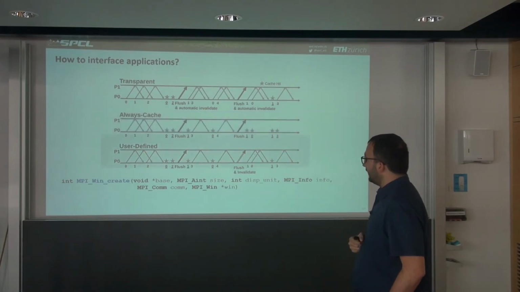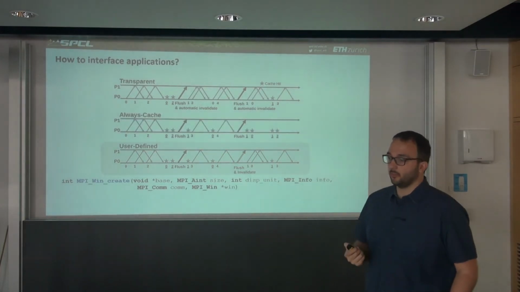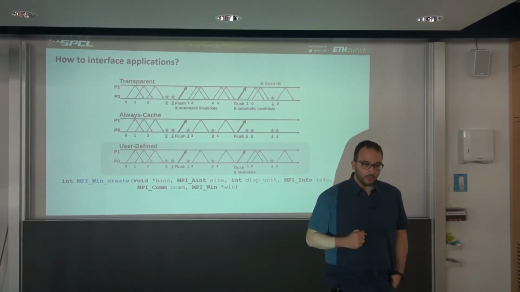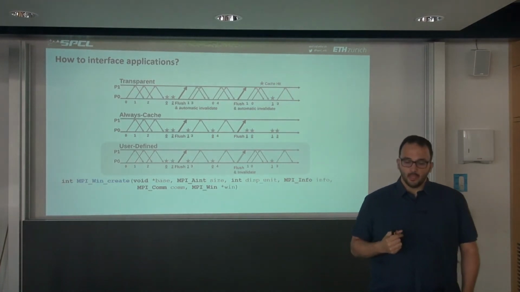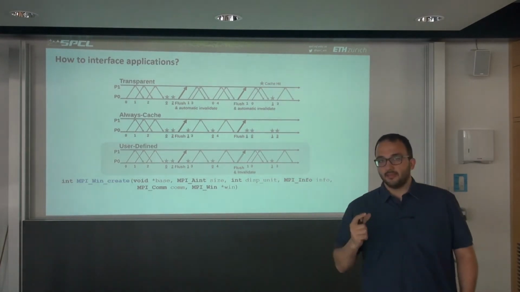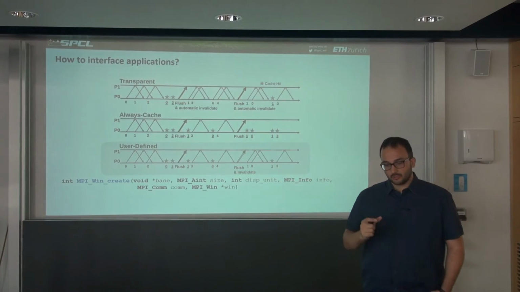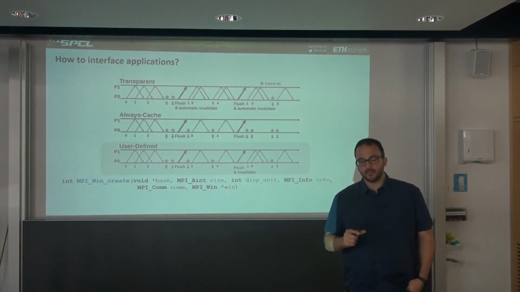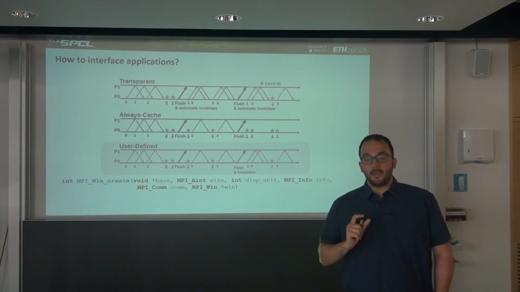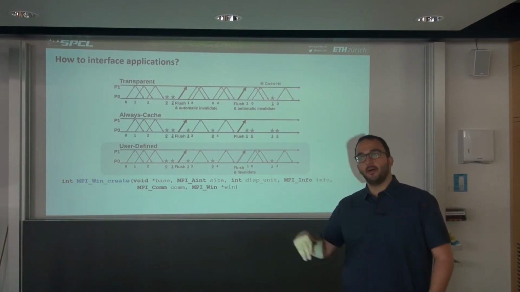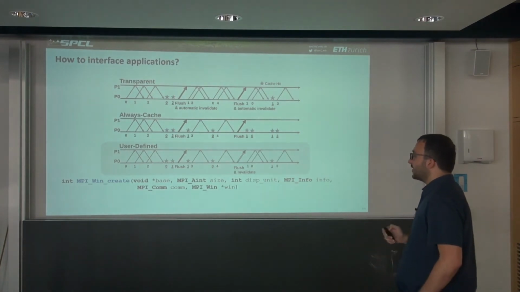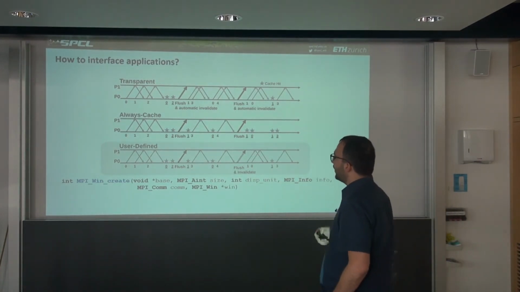The third mode is the user-defined one. This is a case we also used in the Barnes-Hut experiment, and the idea is that the user can tell us: I'm sure that for this number of epochs, my window will not be written by my process or by any other process. So for those epochs, the window will be read-only.